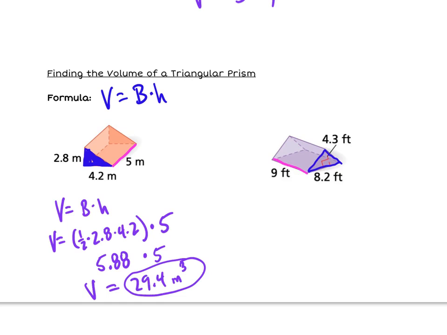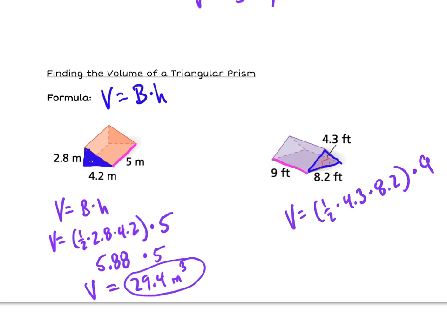For our other triangular prism, again, we'll look at the base being that bottom piece. So volume equals 1/2 times 4.3 times 8.2, because that's the base and height of the triangle, then all times the height of the shape, 9.